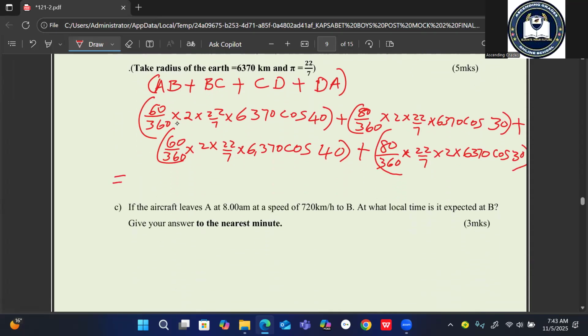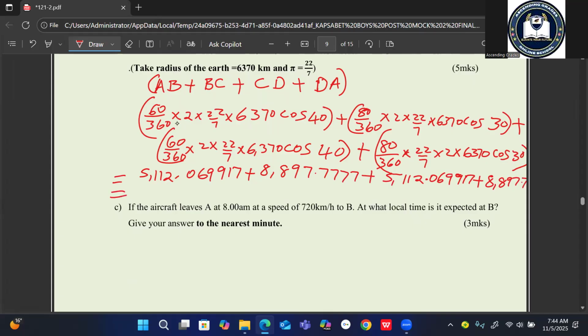So the first one gives us 5,112.069,917, plus the distance of BC, which gives us 8,897.7777, plus the distance of CD, which gives us 5,112.069,917, plus the distance of DA, which gives us 8,897.777.